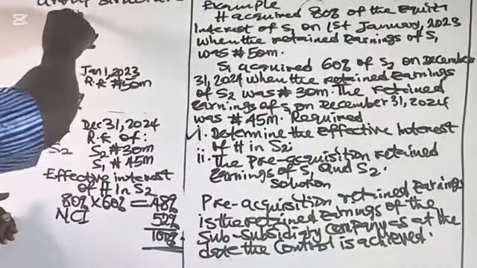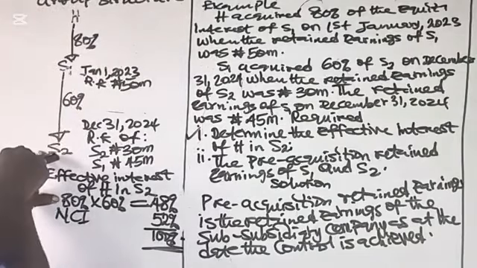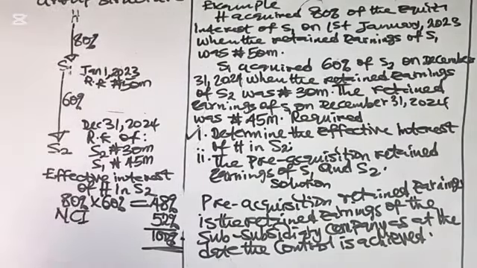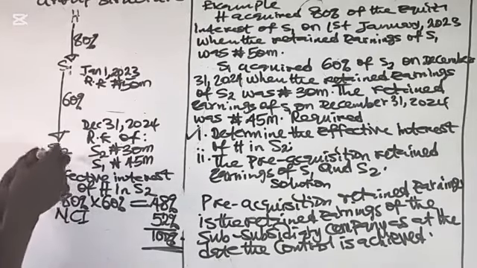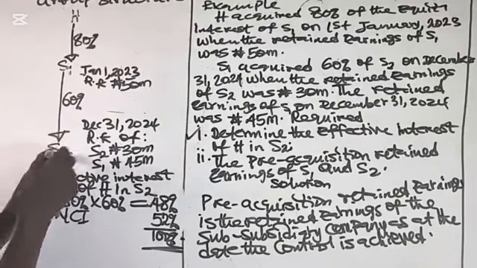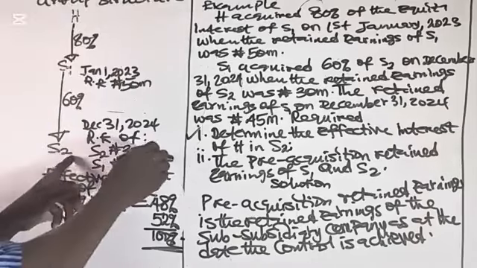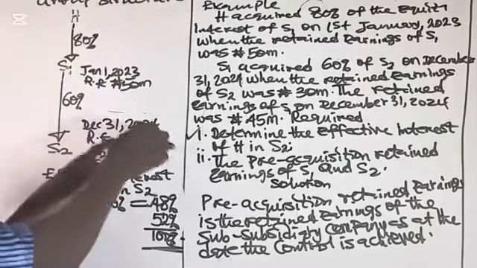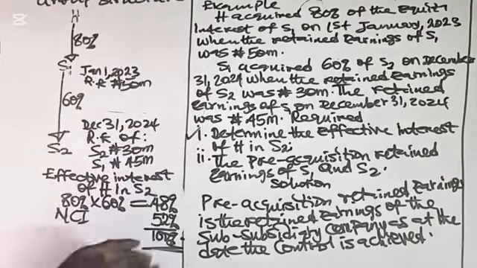Since H had acquired S1 before S1 acquired S2, it means the very day S2 was acquired is the date S2 became a sub-subsidiary of H. Therefore, the retained earnings as at the date S2 was acquired is the pre-acquisition retained earnings.